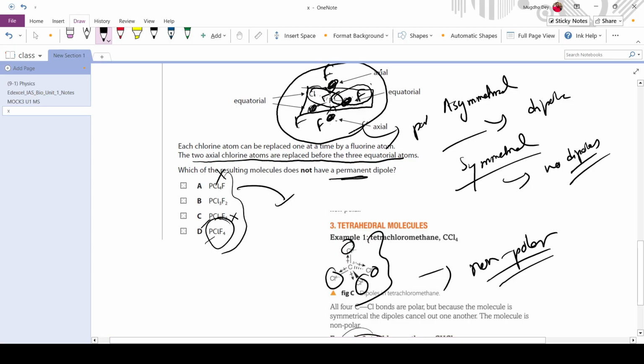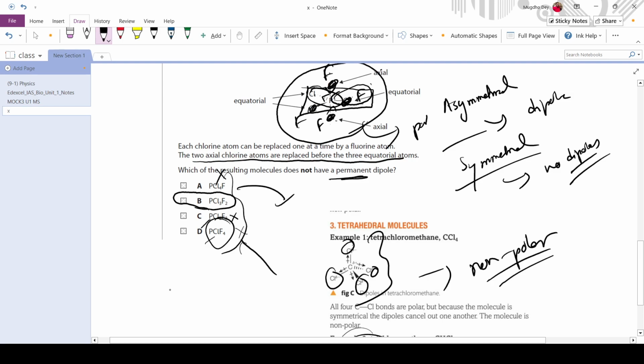Again, the main reason is that the equatorial bonds are not symmetrical, so one of the polarities will remain. In this case, the PCl bond polarity will remain. So as a result, the whole thing becomes polar, so it will have a permanent dipole. So the only answer is B.